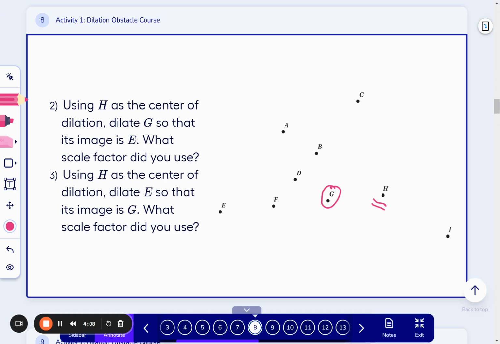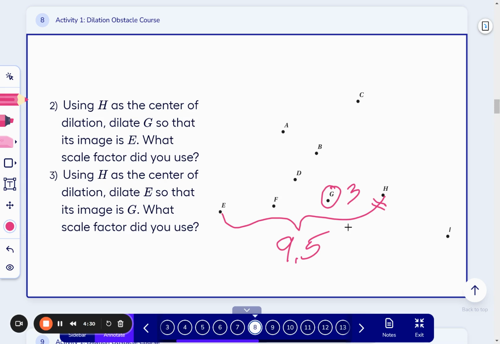It's about 3 centimeters. And how far is it from H to E? It is roughly 9.5. So from here all the way to here is 9.5.